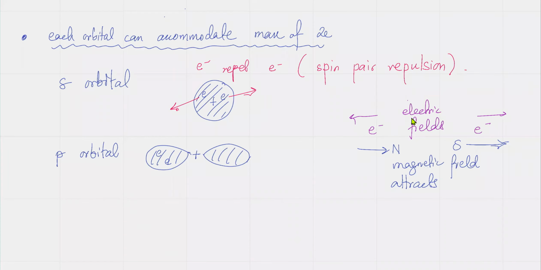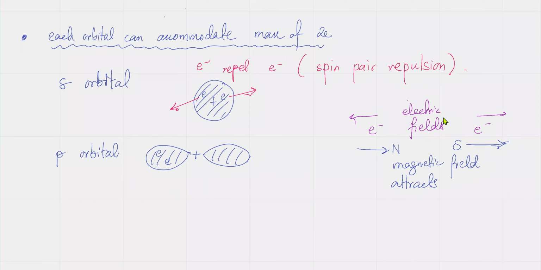So if negative charge repels negative charge, that means there's an electric field of repulsion, an electrostatic force of repulsion. But at the same time, if one electron has a magnetic field with a north pole side, and the other electron has a magnetic field and the side facing that is a south pole, then the magnetic fields are going to attract.